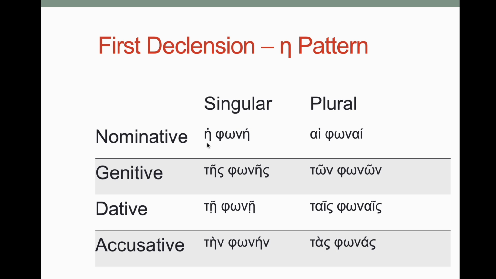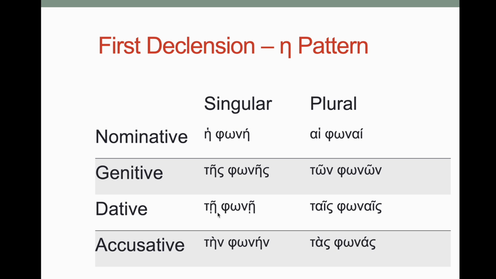Nominative forms. Singular, he, phone, the voice. Hai, phonai, the voices. Tes, phones, of the voice. Ton, phonon, of the voices.